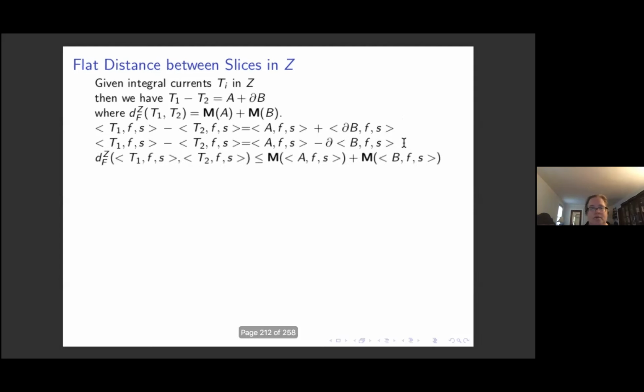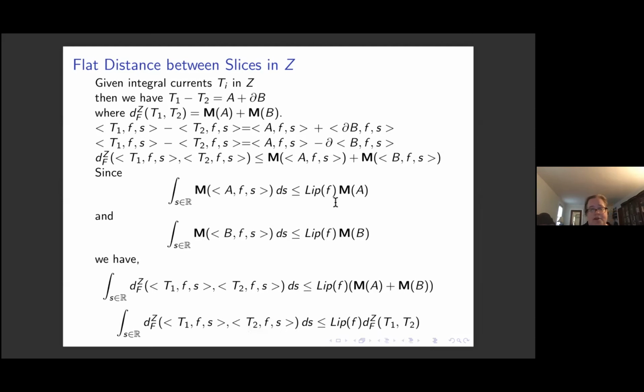Then the flat distance from this slice to this slice is less than or equal to the mass of this slice plus the mass of this thing here, B sliced. So now we have an estimate on the flat distance between these two slices. Remember, this formula is only for almost every S. All of these are for almost every S.